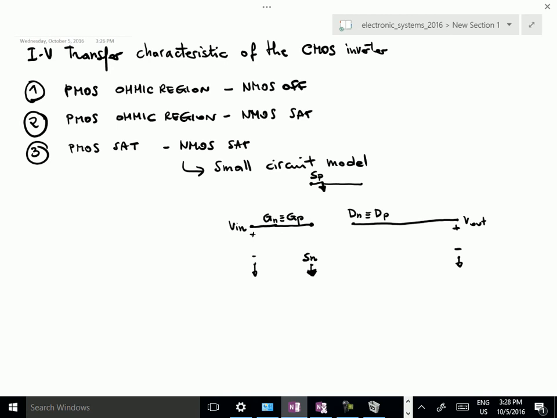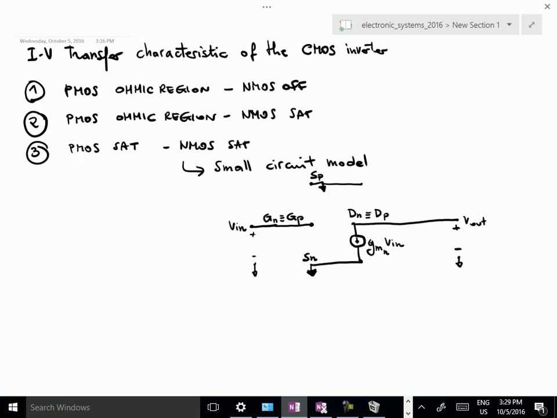draw the equivalent circuit of both transistors, between the drain and the source of the NMOS we have a current generator GMN times V in, because V in is VGS-N.